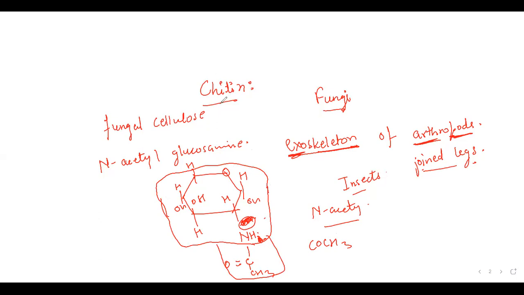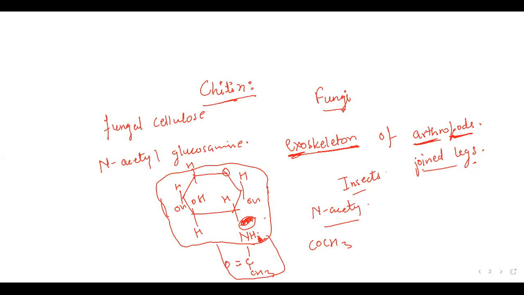So chitin is formed by repetitive units of N-acetyl glucosamine. Another very important thing is that N-acetyl glucosamine will be joined in an inverted and upright manner. Means in one structure, the NHCOCH3 group will be joined on the lower part, and in another structure it will be joined on the upper part.